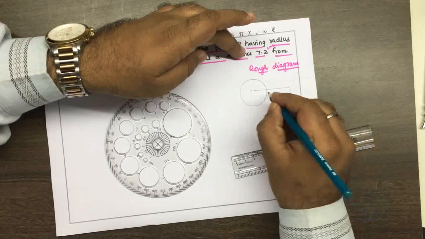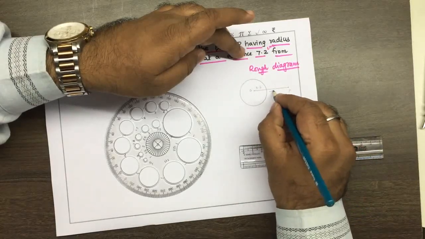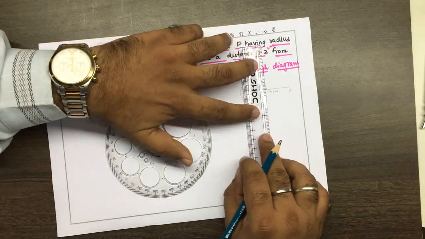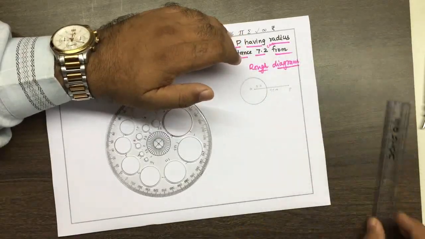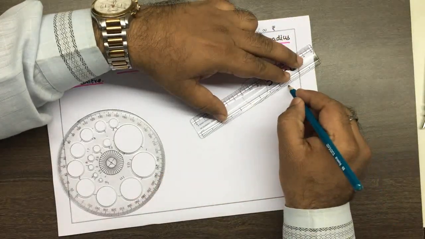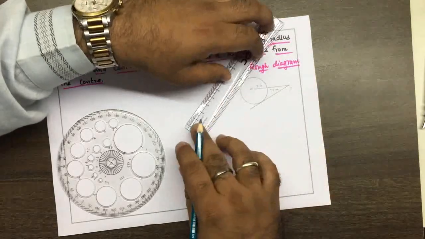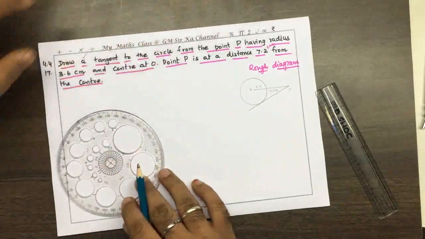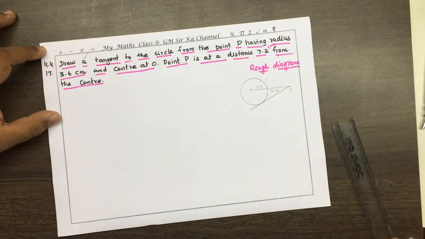This is the radius 3.6 and this is 7 centimeter away from that. So we have to draw the tangent from point P to the circle. A tangent is enough. We can also draw two tangents, but it is given a tangent, so we have to draw the tangent from the external point.